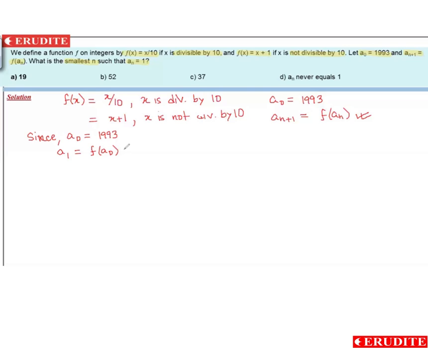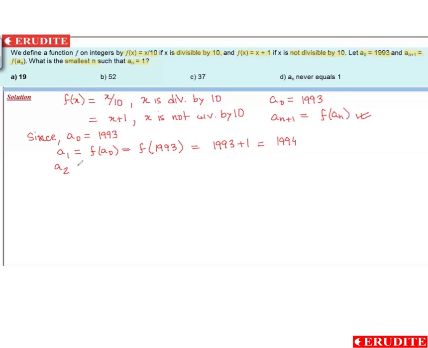Now that means it will be f of 1993. Now 1993 is not divisible by 10. So it should be 1993 plus 1, which would be equal to 1994.